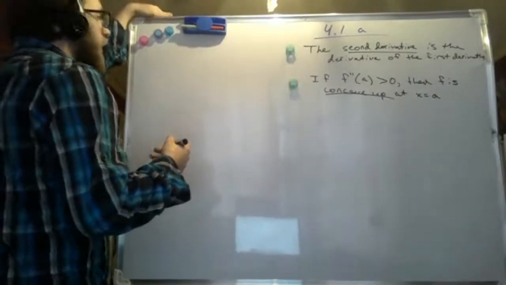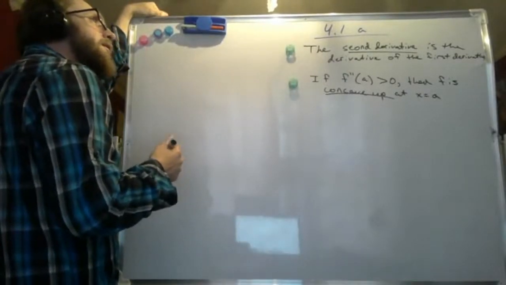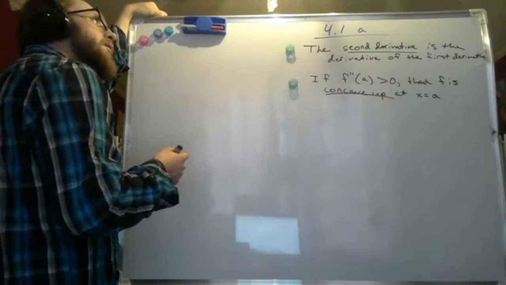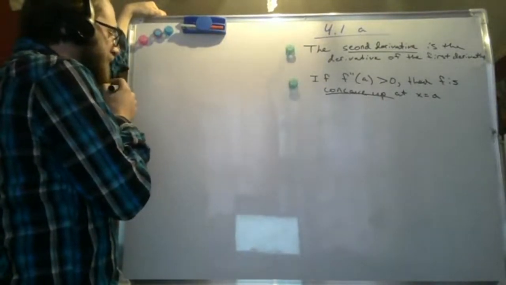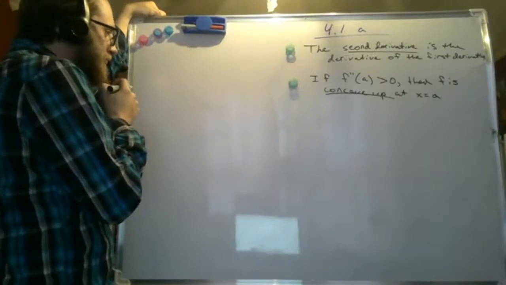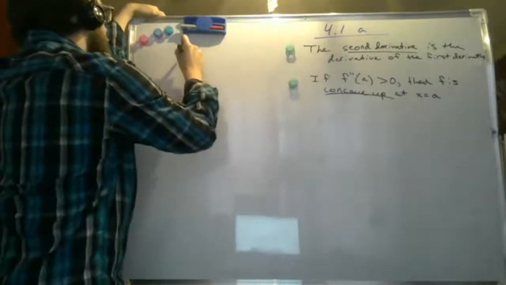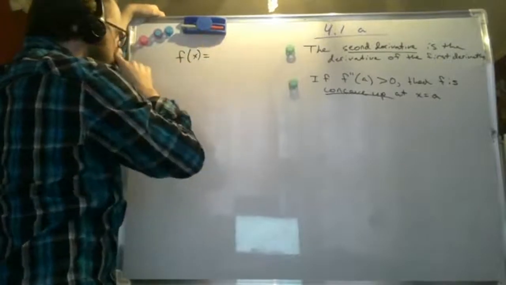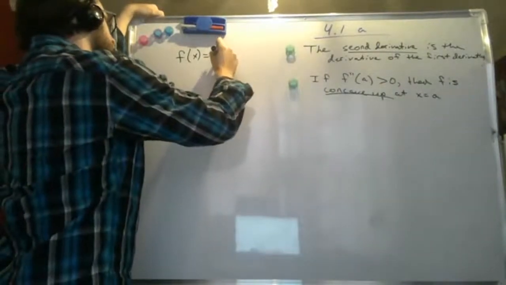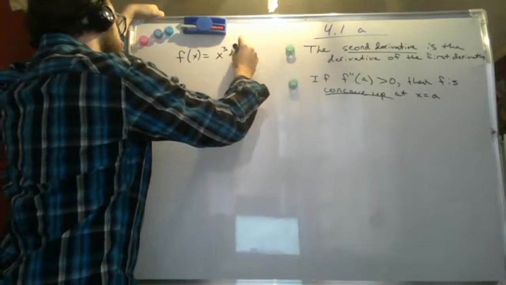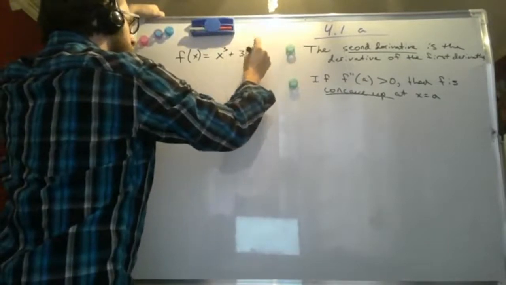Okay, so if we have the function, and I think we saw this in the previous video, f of x is equal to x cubed plus 3x squared.